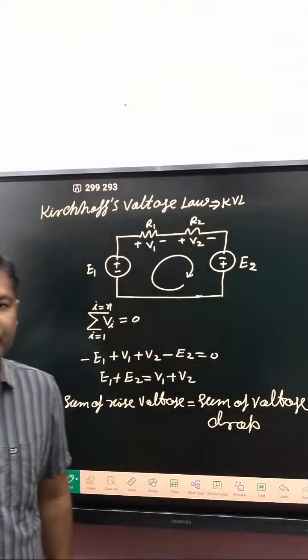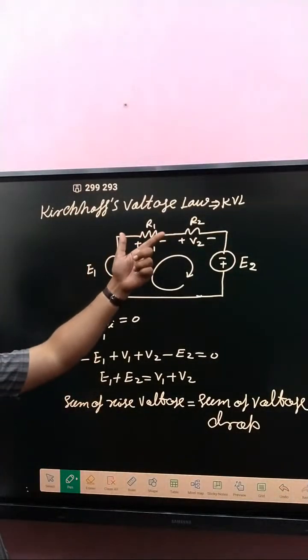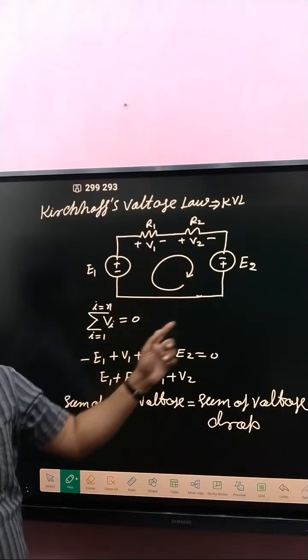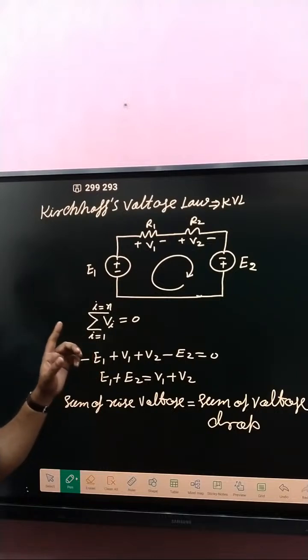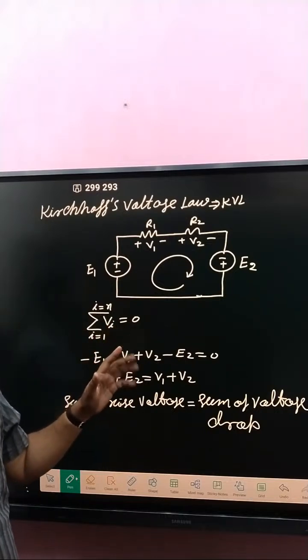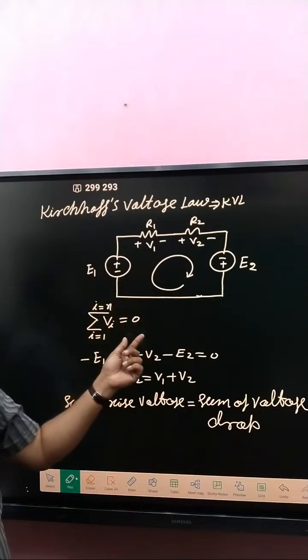So what about KVL? Kirchhoff's voltage law is called KVL. Suppose that there is an electric circuit like that one. According to that law, for any closed path, the algebraic sum of voltage is 0.